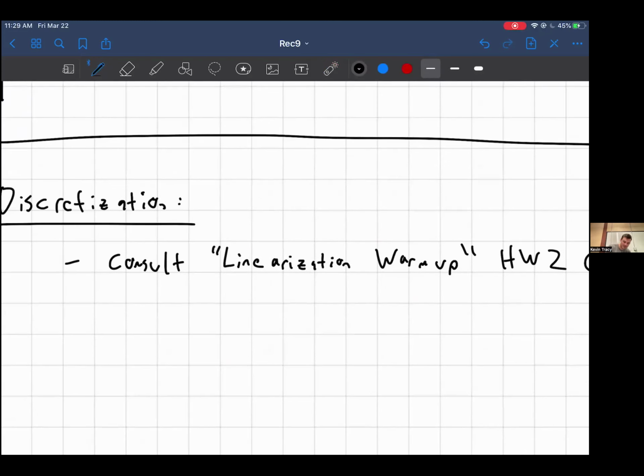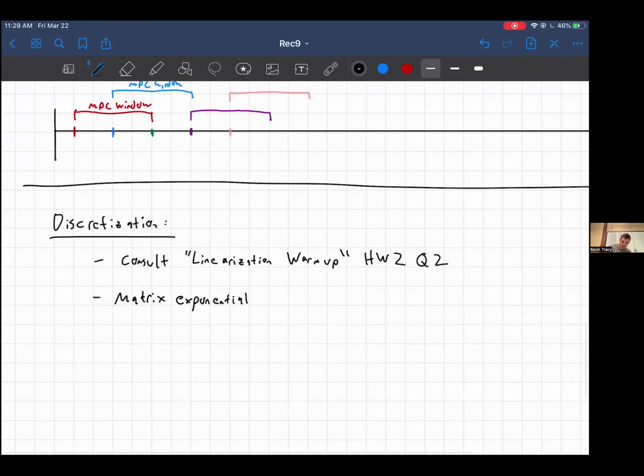And the second thing is the matrix exponential. The matrix exponential has exactly one use. So when do I use the matrix exponential?